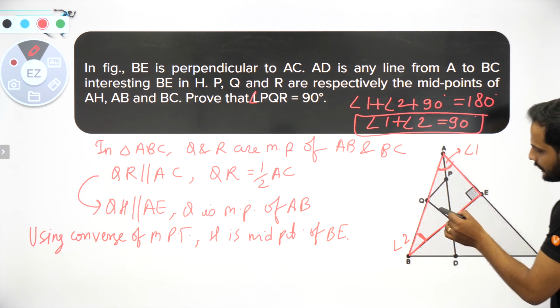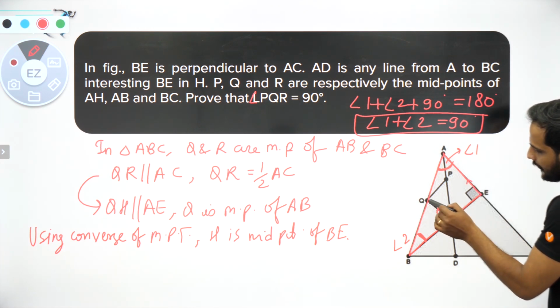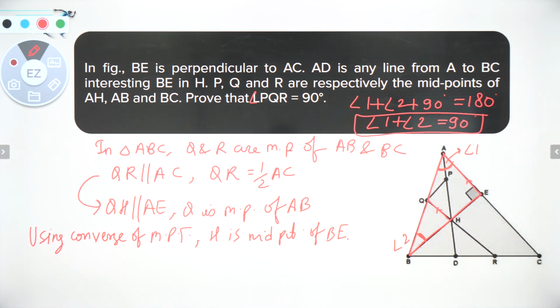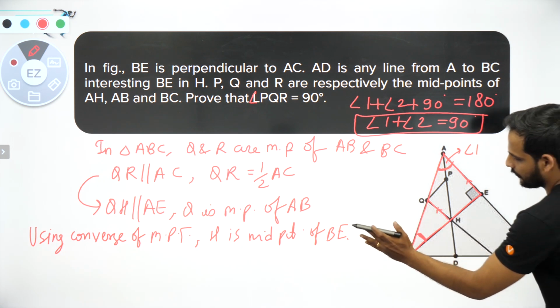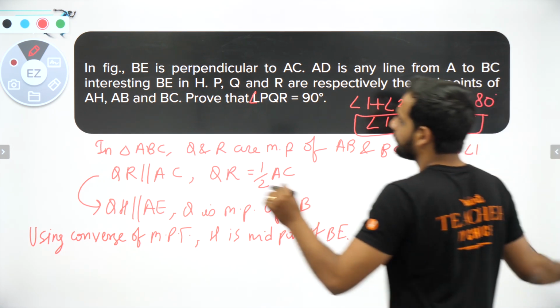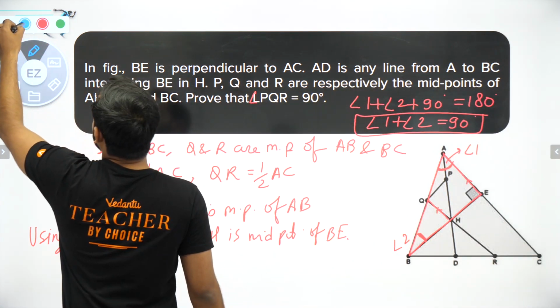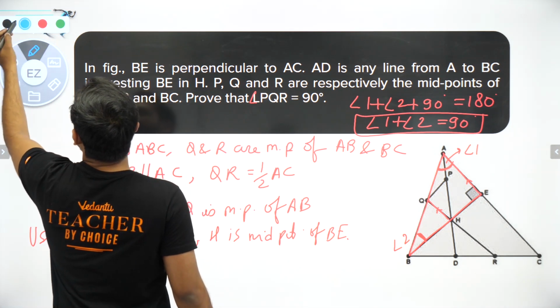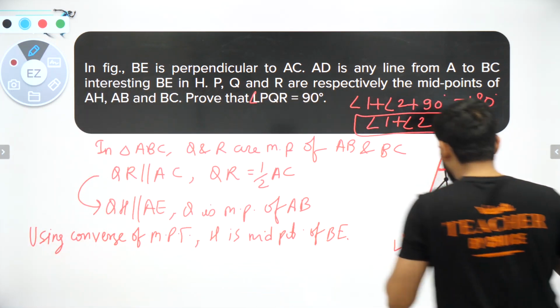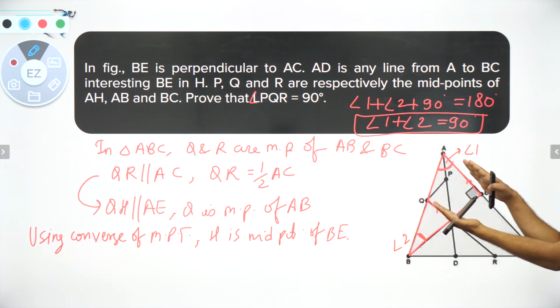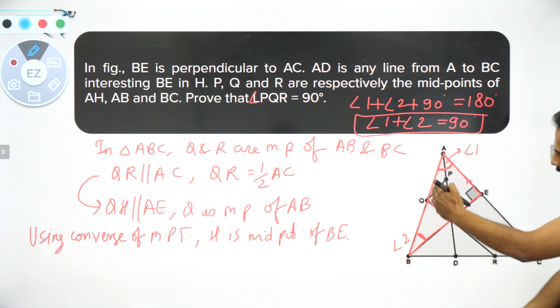And I know that these two lines are parallel to each other. Now look carefully at this angle. These two lines are parallel, and this is a transversal line.